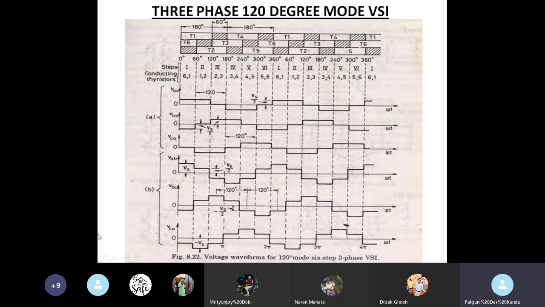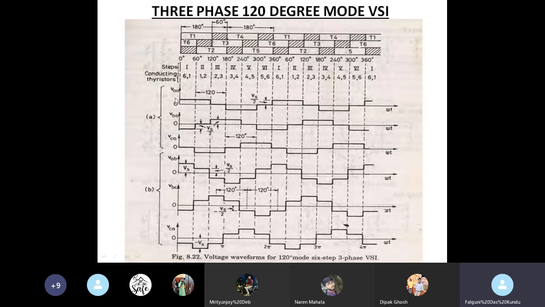So what happened now? V of AO means the voltage across A phase, means T1 and T4. So we know that T1 operates for the positive half and T4 operates for the negative half. So VAO is nothing but this.